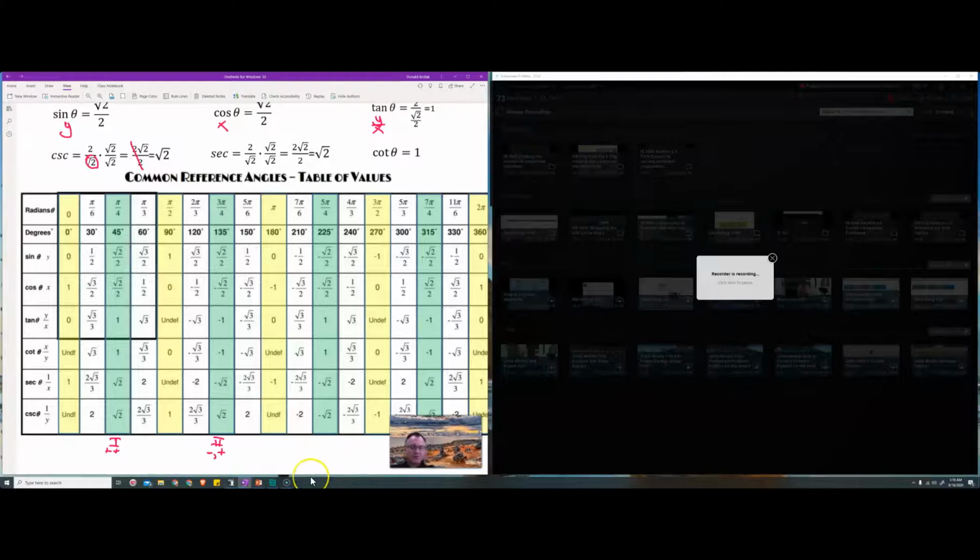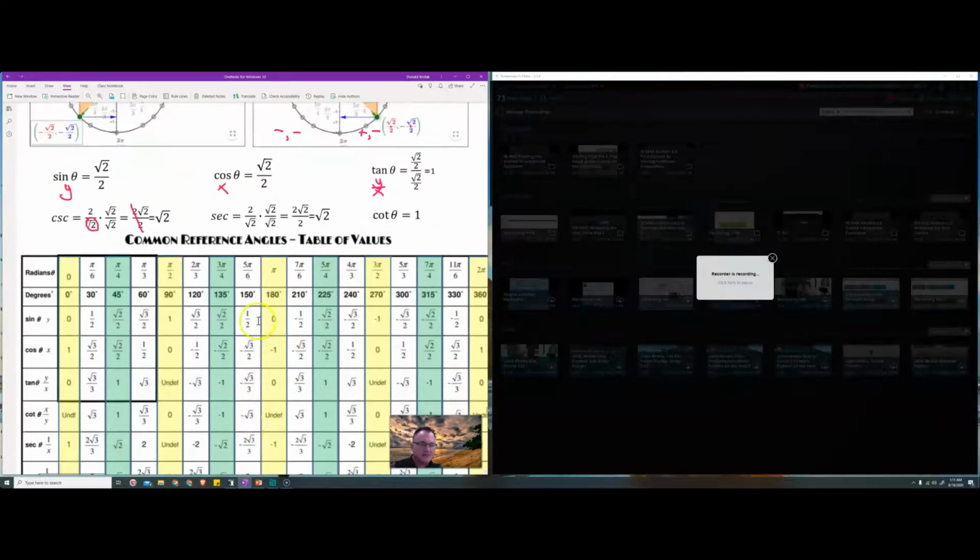Now we're in quadrant 3 at 5 pi over 4. And in quadrant 3, you got negative, negative. So the x and the y's are negative. But when you divide a negative by a negative, you get positive tangent and cotangent.